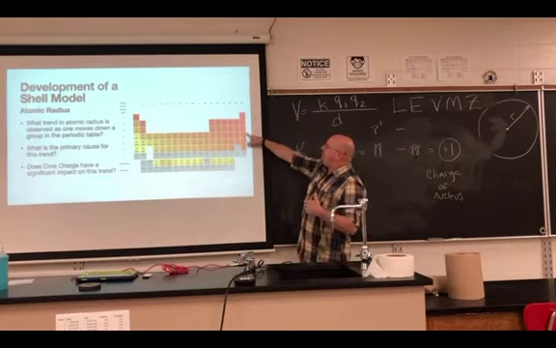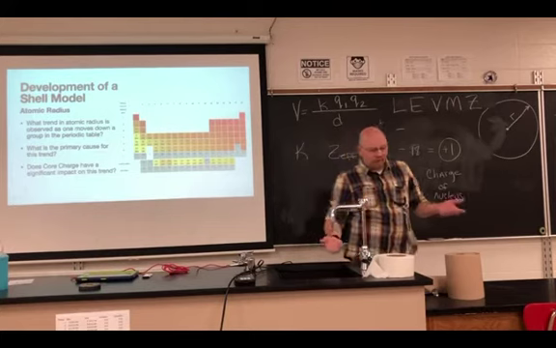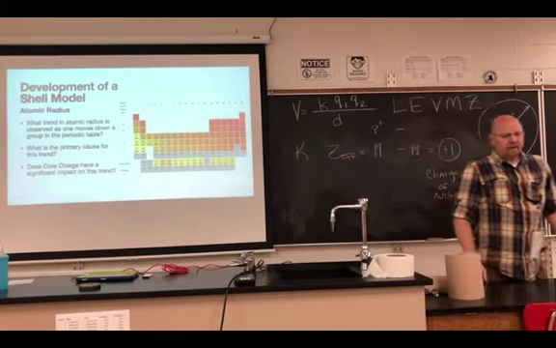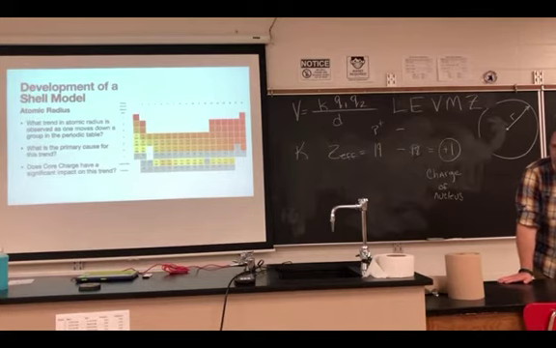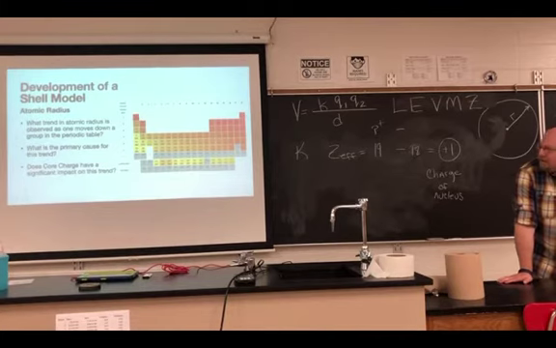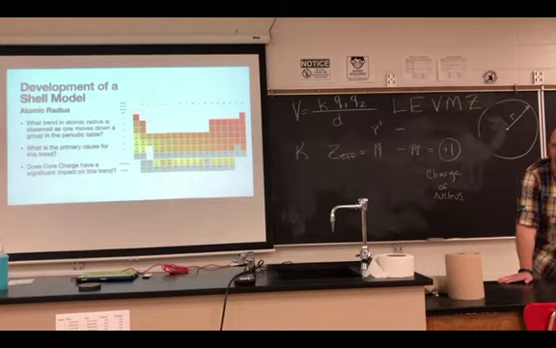Their size also has an effect on what their chemical properties are going to be. So yes, the noble gases are stable chemically, but it's because of the properties of the atom itself. And we can see these trends occurring as we go along.